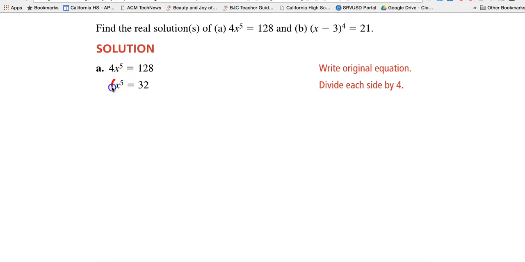So what we want to do is take this term to the exponent that's going to get rid of 5. Now, we know that anything to the first power is just that value. So if we can take our expression to the inverse power, that's going to eliminate this.